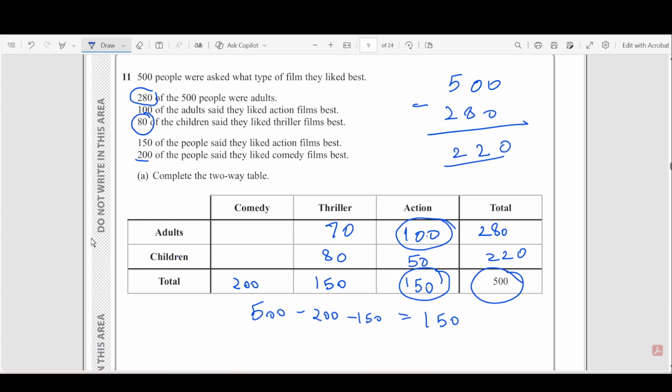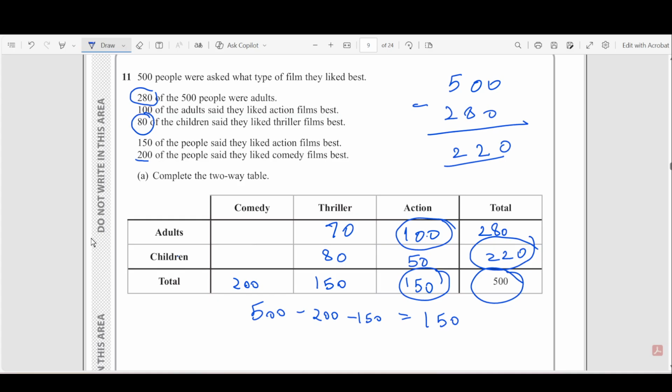For this one, we have 200 here. So let's check children who liked comedy. We have a total of 220 children, out of which 80 and 50 like thriller and action.